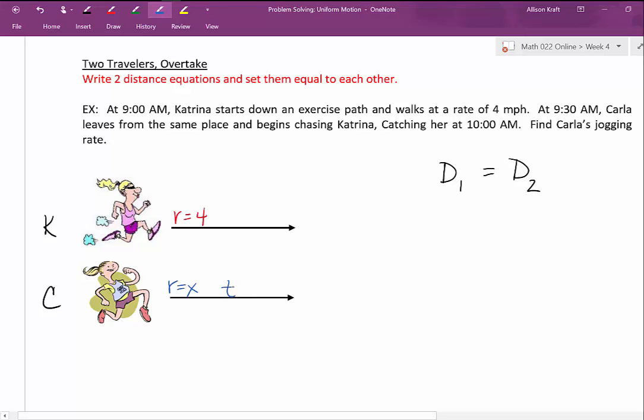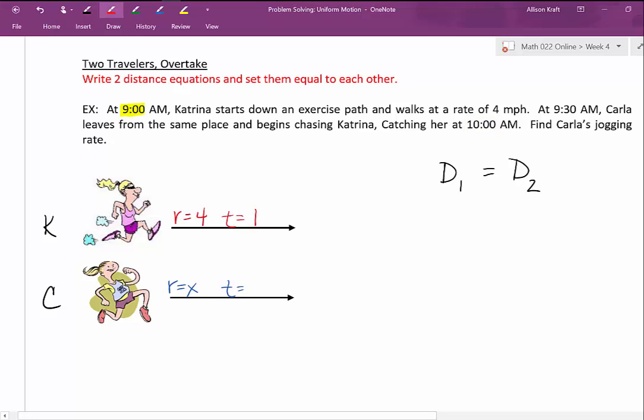We need the time for each jogger. We see that Katrina started at 9 and Carla caught her at 10. So the time that she was walking was 1 hour.